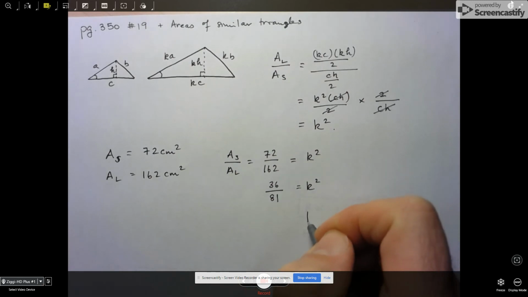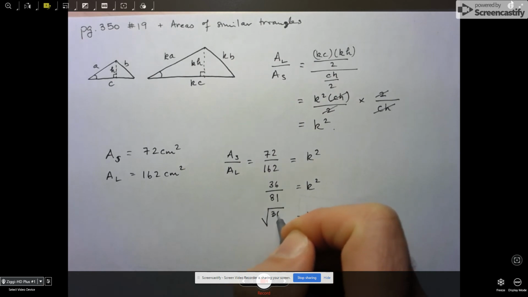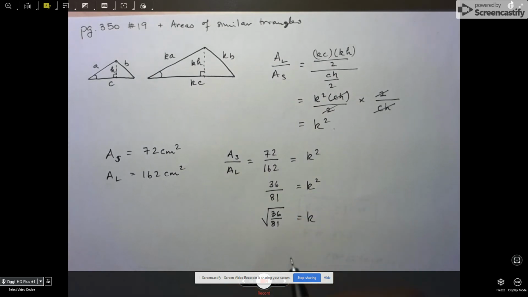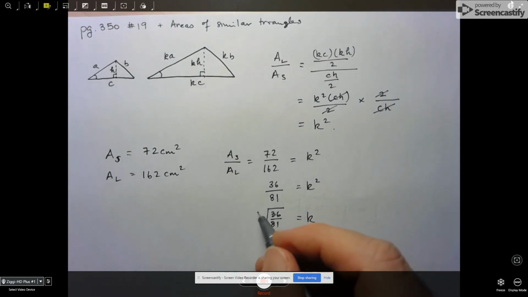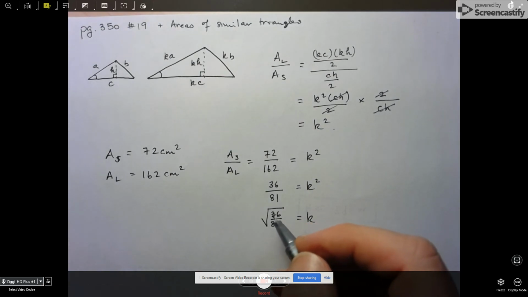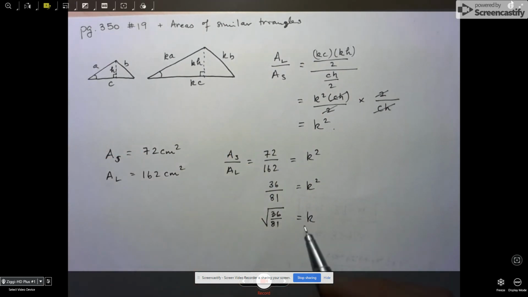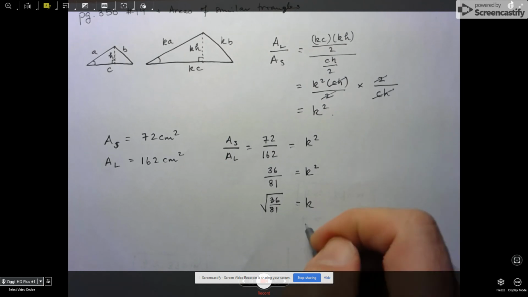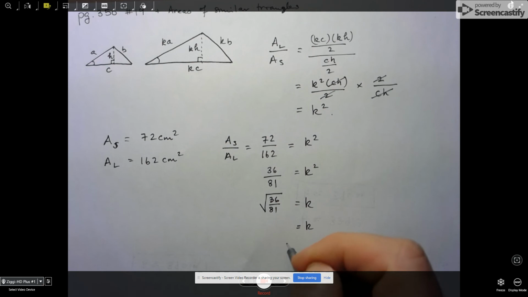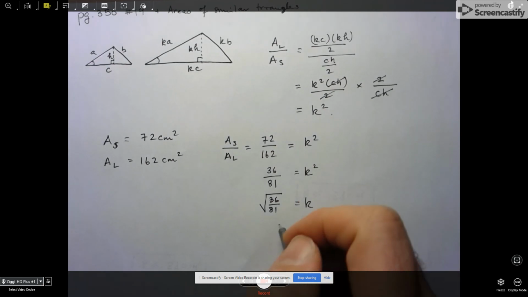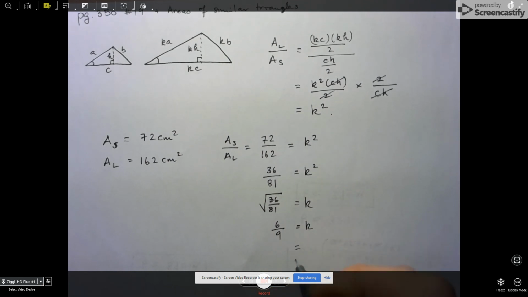So now, in order to solve for k, I just have to take the square root of 36 over 81. Notice here, I'm not taking the positive and negative square root because I'm just determining a factor between two lengths. So it doesn't make sense to find a negative factor between lengths. So k is just equal to the square root of 36, which is 6, over the square root of 81, which is 9.